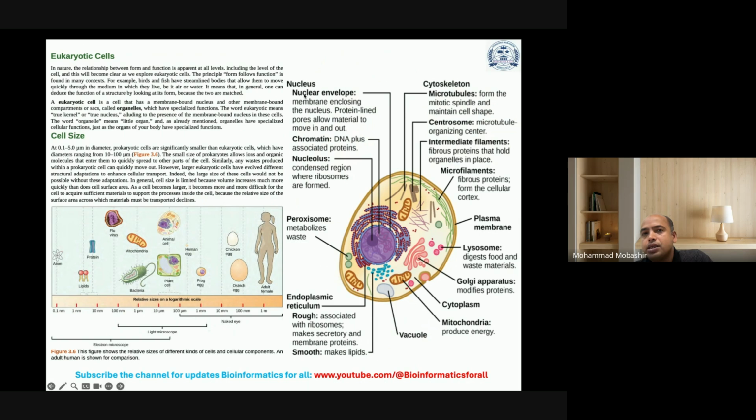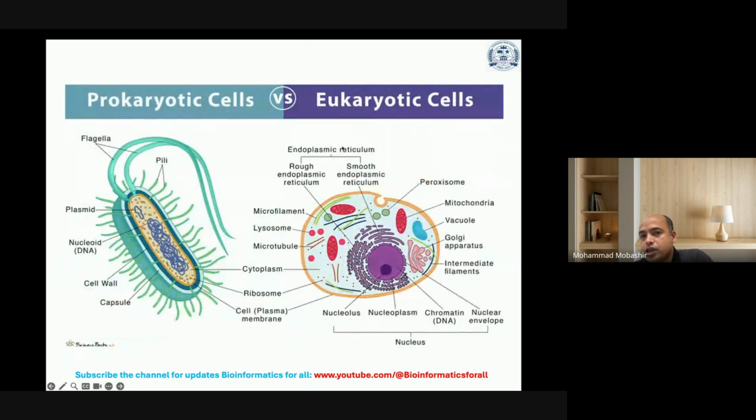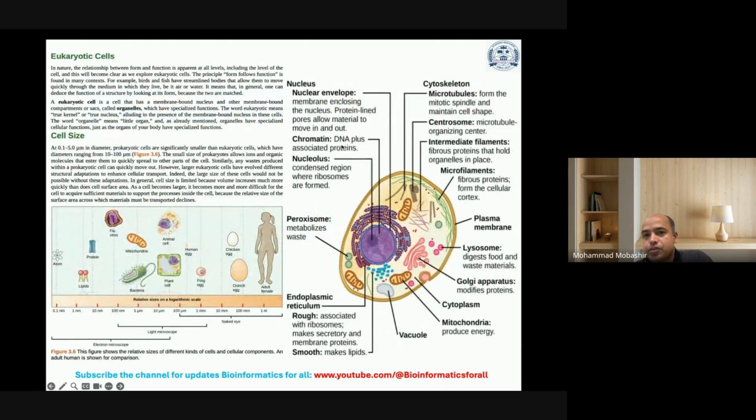Then the nucleus has a nuclear envelope, which is a membrane enclosing the nucleus. Protein-lined pores allow material to move in and out, from the cytoplasm to the nucleus and from the nucleus to the cytoplasm. And chromatin, which is DNA and the associated proteins. So the chromatin is here.